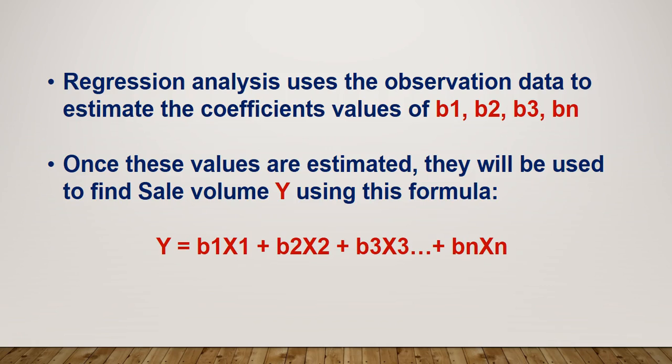Regression analysis uses the observation data to estimate the coefficient values of B1, B2, B3, and Bn. And once these values are estimated, they will be used to find sales volume using this formula that we mentioned here.